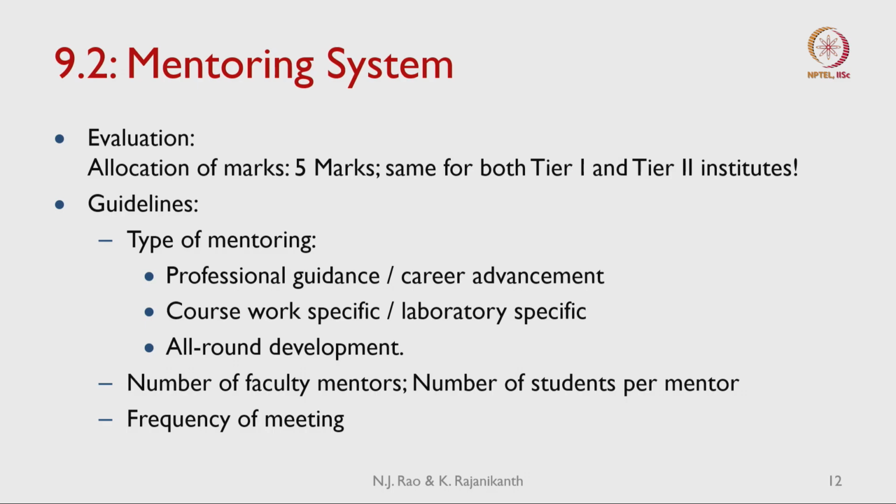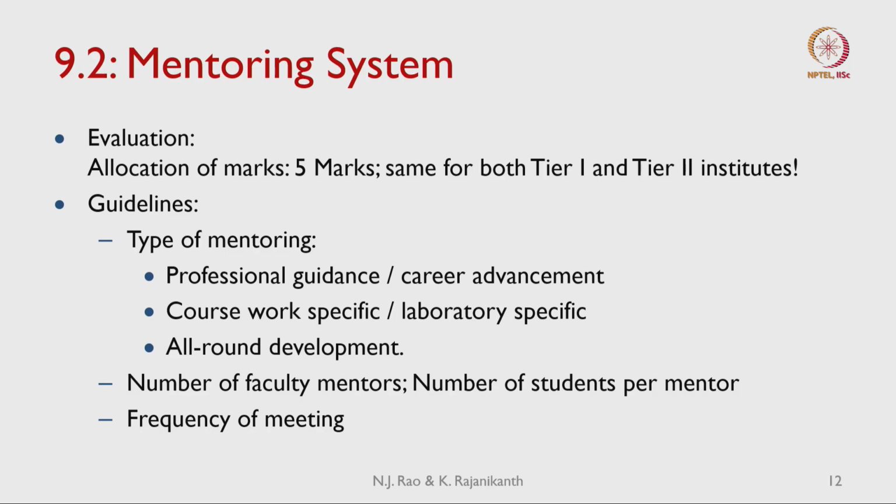Then another issue is number of faculty mentors. The number of students who are allocated to one given faculty member, that is how many students or mentees are being looked after by one faculty member. So, the larger that number, obviously the lesser will be the attention that the faculty member can pay to individual students.